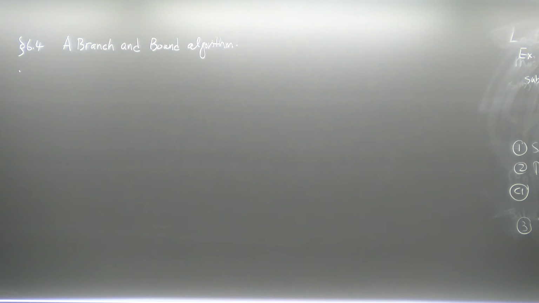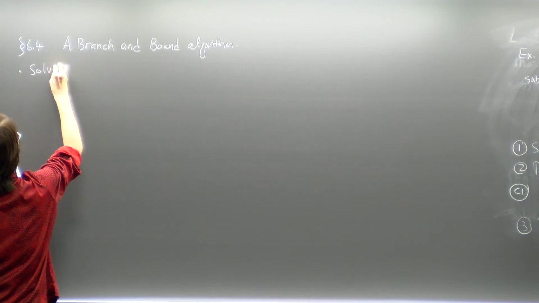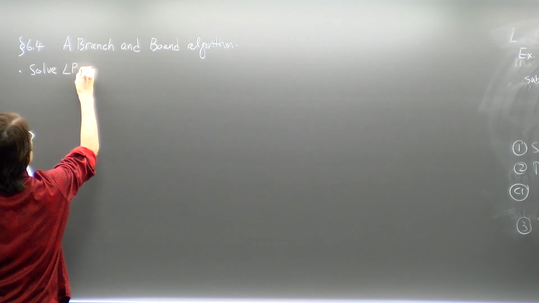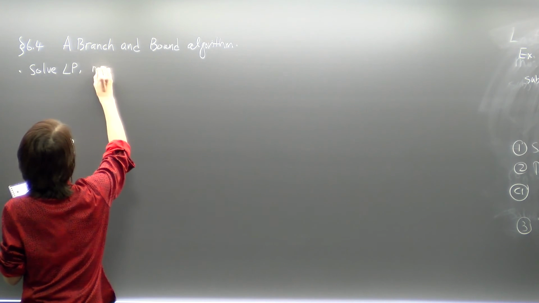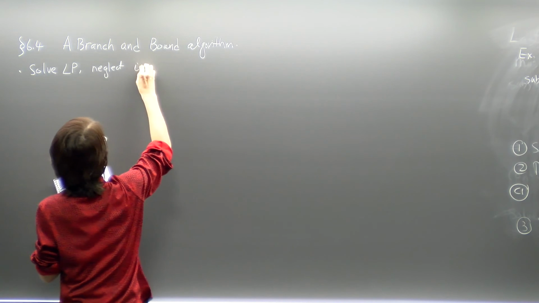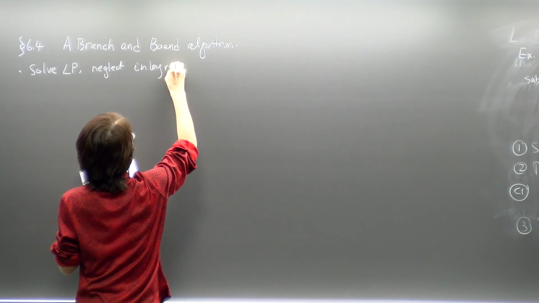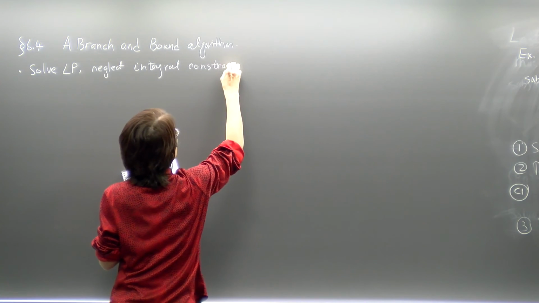So you have an integer programming problem that's given to you, and what you do as the first step, always, you solve this as a linear programming problem with the simplex method, right? Meaning neglect the integral constraint.